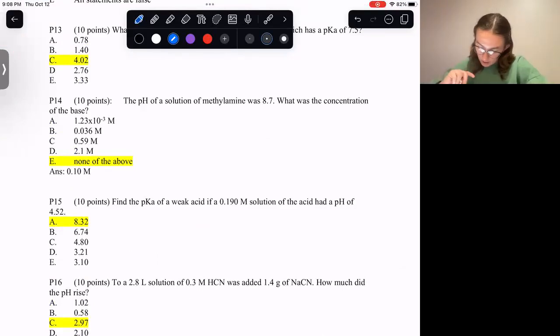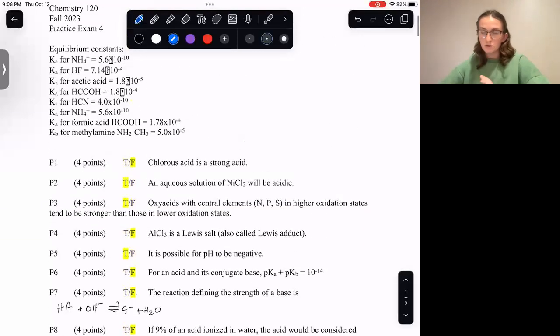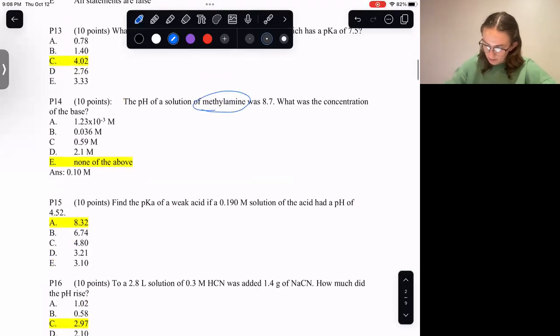Yes. So when we're looking at methylamine here for this question, this is given at the top of your exam in case you missed that. But this is methylamine right here. So this is NH2 and then CH3.